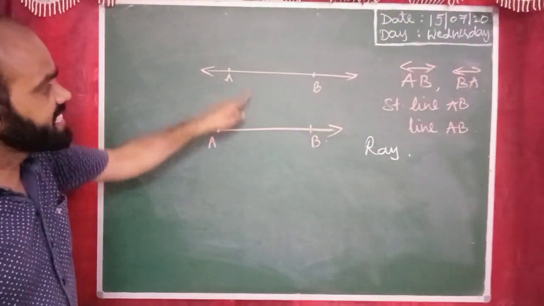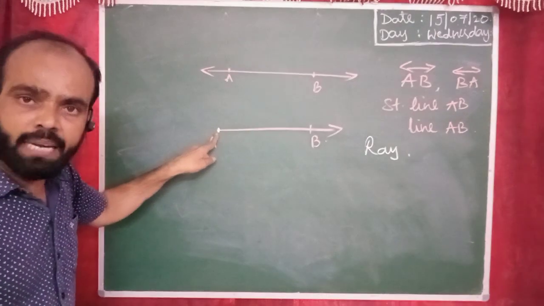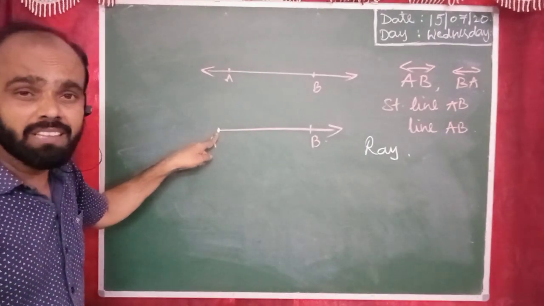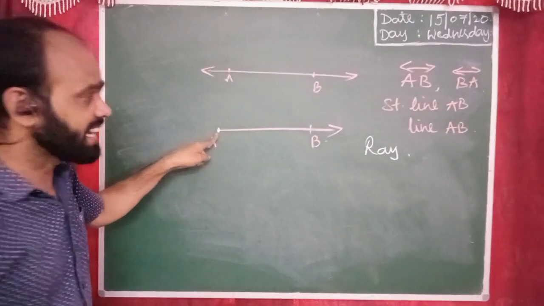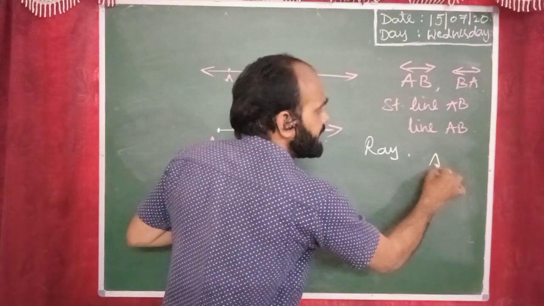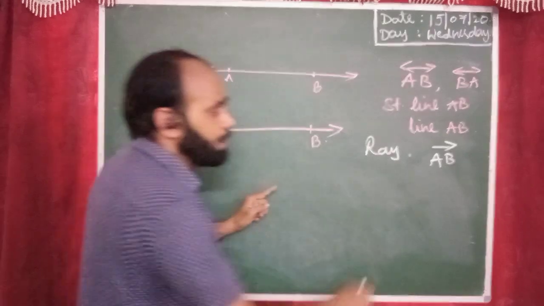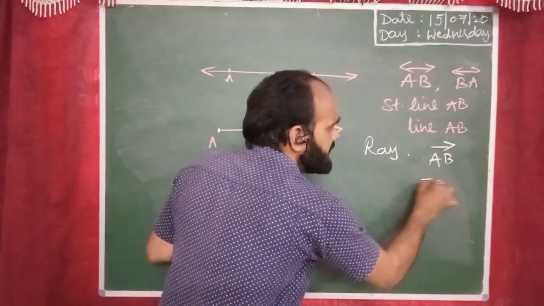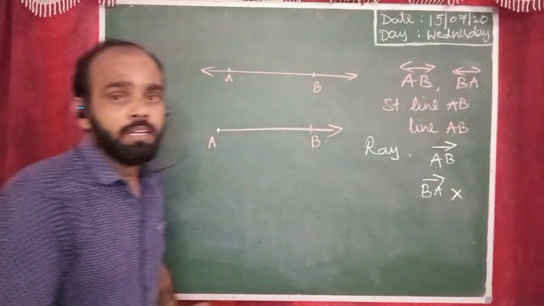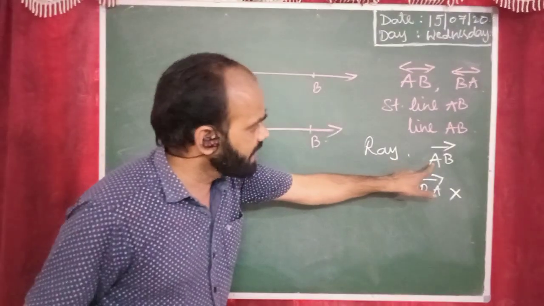In simple terms, a straight line with one end point is what we call a ray, and this is to be denoted by AB ray. AB ray, and remember this cannot be written as BA ray. This is wrong. I guess all of you understand. What is the meaning of this one?